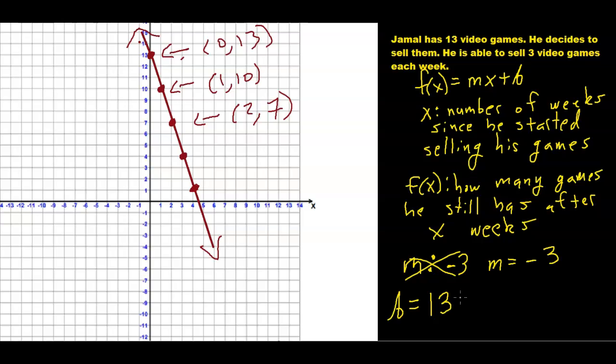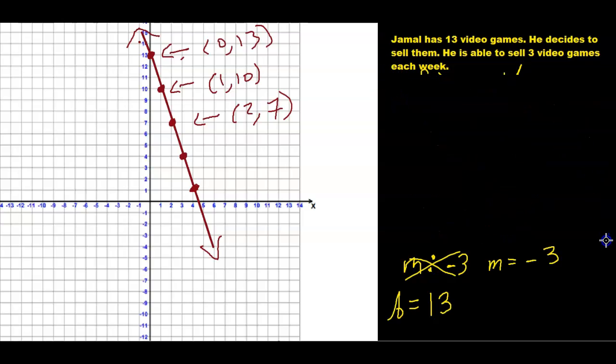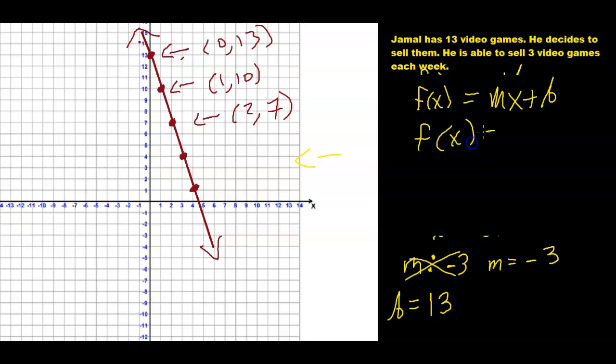So let's make some room here. Let's get rid of some of this. And let's write our equation. If our linear function is in the form f of x equals mx plus b, this linear function here can be modeled by f of x equals -3x plus b. -3, right?